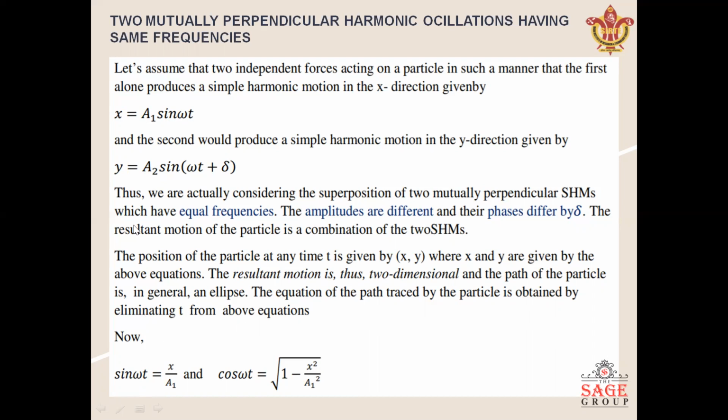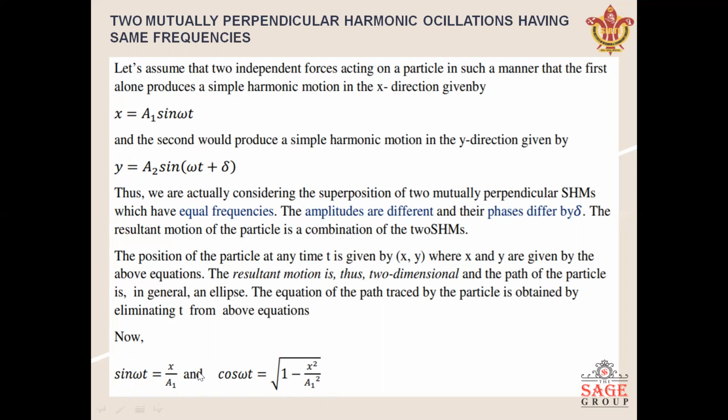Now we can write sine omega t is equal to x by a1 by the first equation, or by the first equation we can also write cos omega t, that is under root of 1 minus sine square omega t, or instead of sine square omega t we can write x square by a1 square.